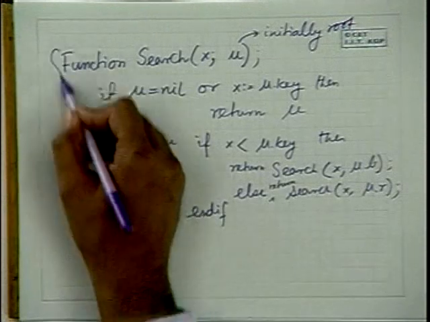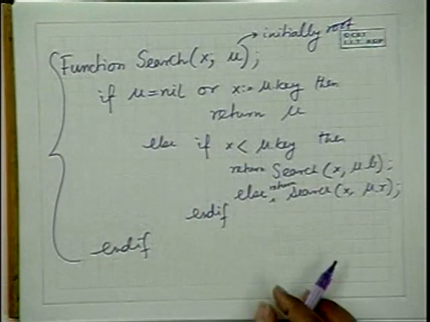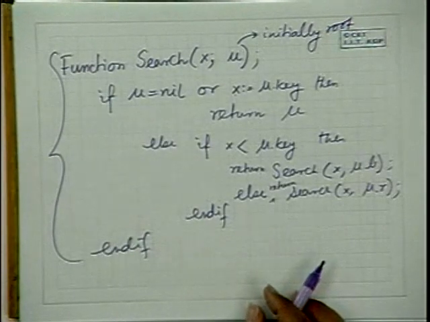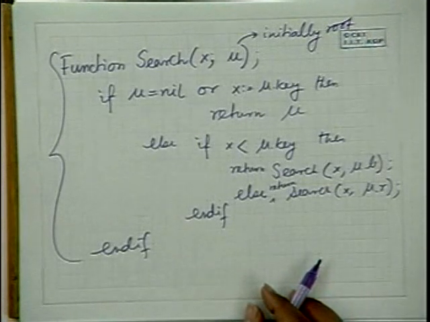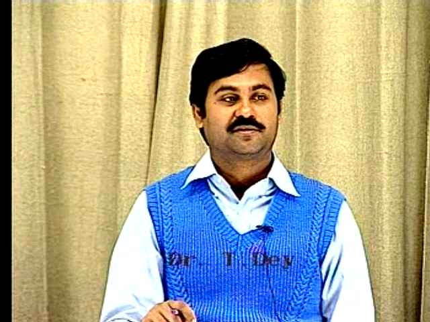Now can you tell me how much time this takes? Some people are saying order of n, some people are saying order of log n, but I am not getting the correct answer yet. You cannot say worst case.